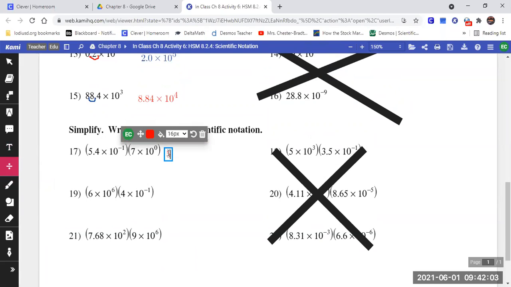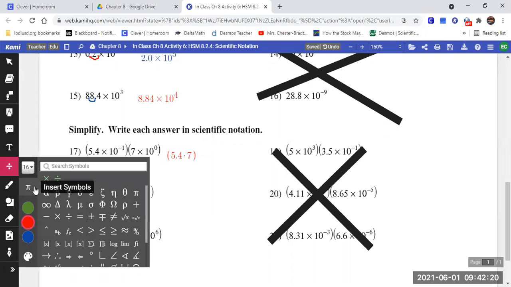Put the numbers next to each other. 5.4 times 7 are going to be together. Okay. I'm actually going to use the times symbol. It's okay.